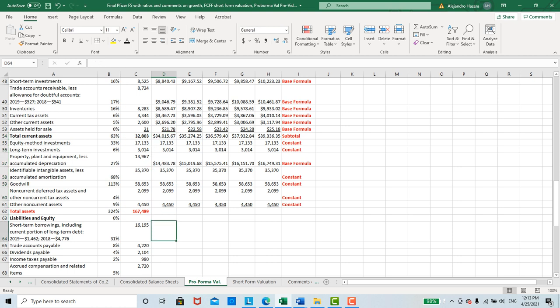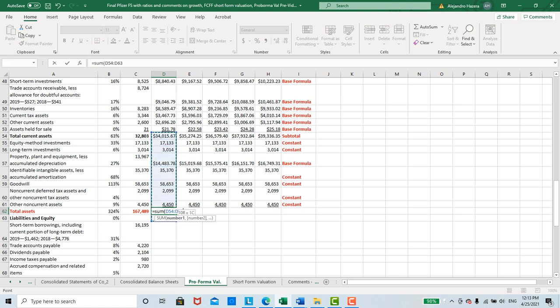Notice they don't have a separate subtotal for non-current assets. If they did, I would just take the sum of current assets, that line, plus the total non-current assets. But since I don't, I'll take the sum of all those numbers there.